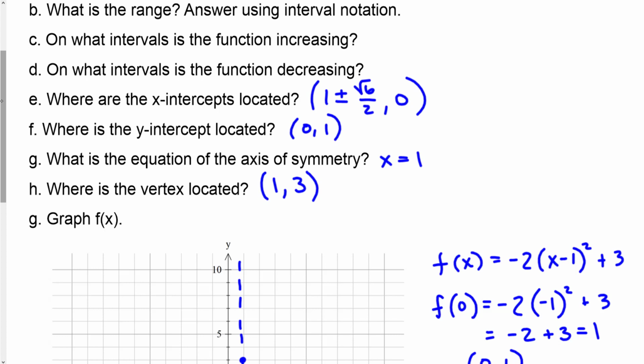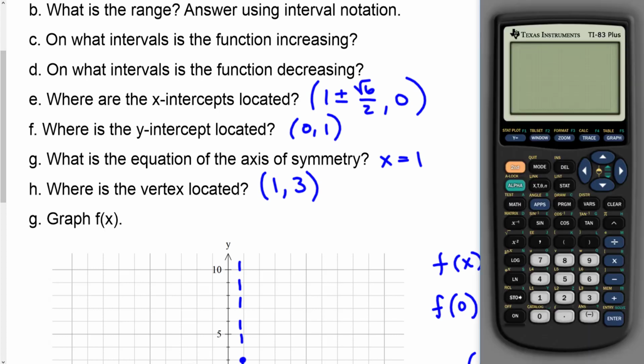Now to plot those, you would need to get the calculator out to approximate where that occurs. So let's get an idea. So if I take 1 plus the square root of 6 divided by 2 and 1 minus the square root of 6 divided by 2, it's approximately 2.2 and negative 0.2.